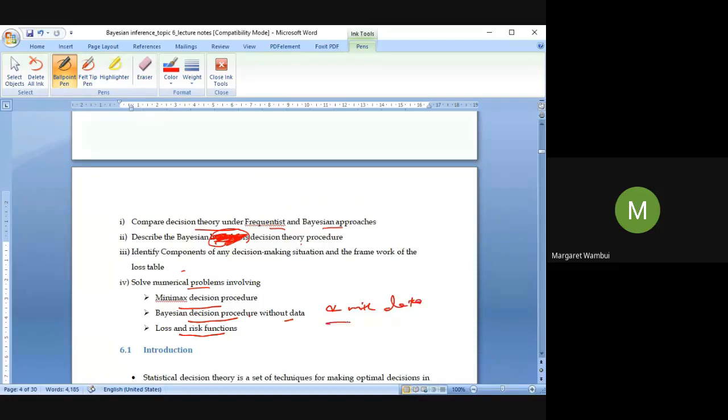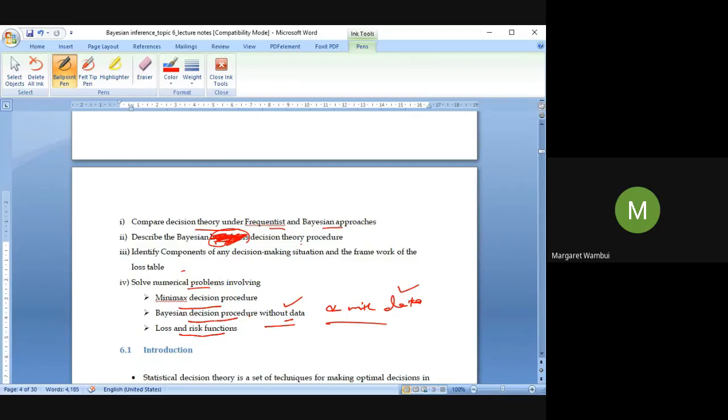We can handle the two cases, when you are provided with data and when you have no data. How would you follow the Bayesian decision procedure and make a good decision out of the situation that you are in? And then, of course, the loss and the risk functions.